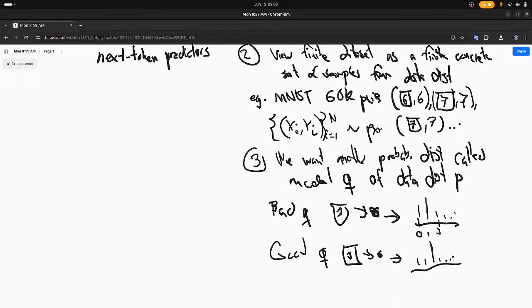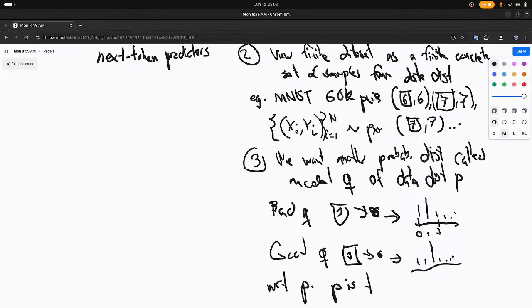What do we measure good or bad with respect to? P is the truth. P is the true distribution.